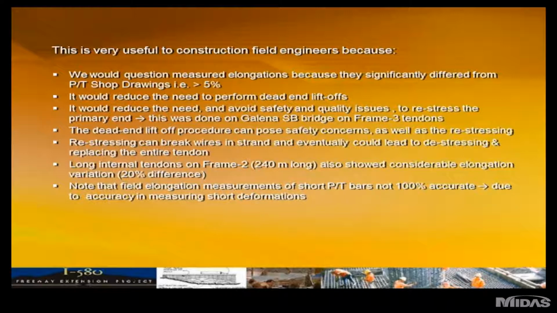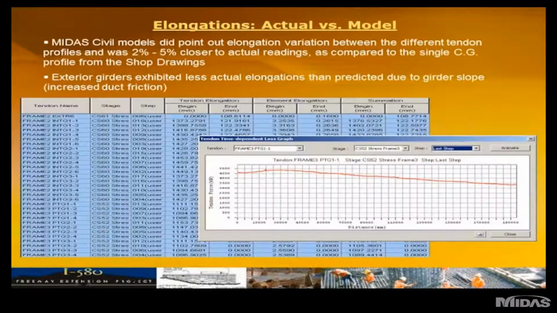Here's a screenshot of the Midas printout in one of my complex models, and what I found with the elongation variation is that the Midas Civil readings were upwards of 5% closer than using the single center of gravity profile.